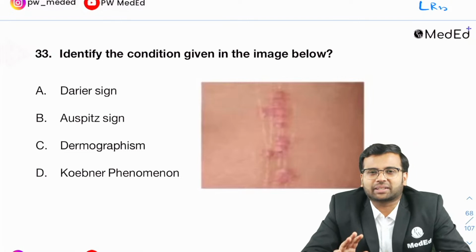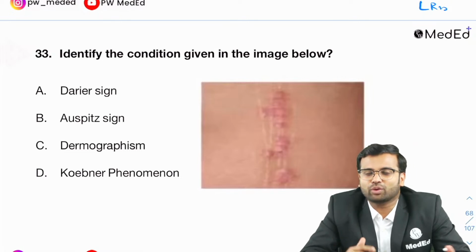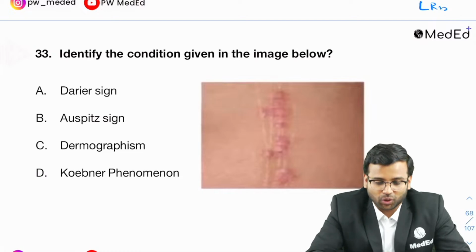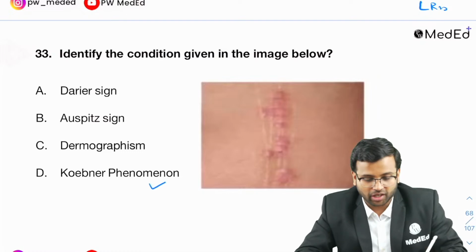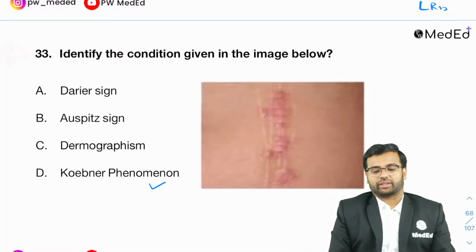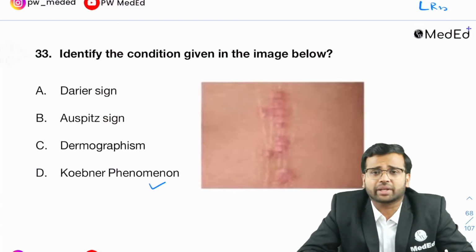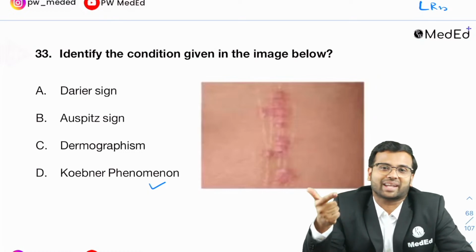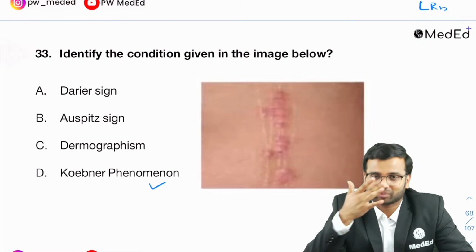Do you remember that a few MCQs back, we discussed Koebner's phenomenon. So yes, all of you are answering, and you know that this is going to be Koebner's phenomenon, correct? What is happening here is that the patient has a disease like psoriasis, lichen planus, or vitiligo.